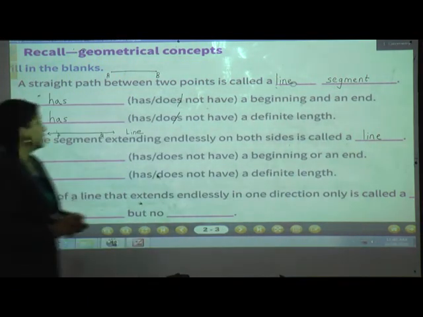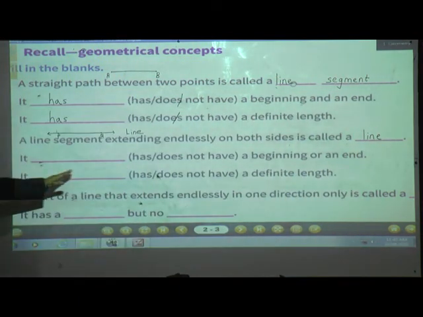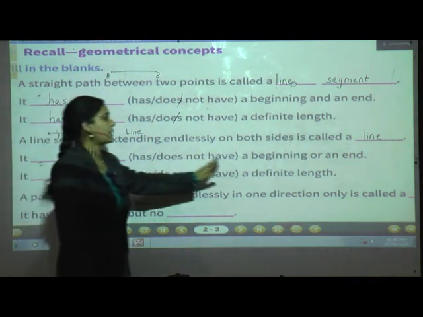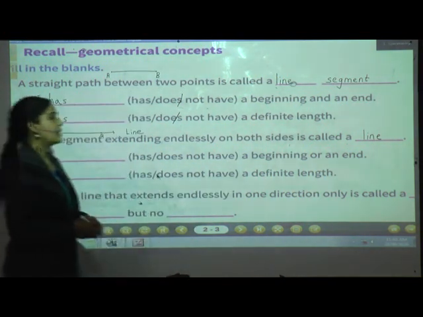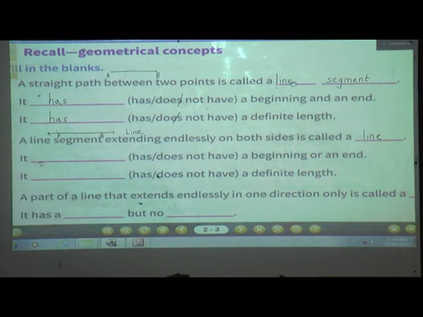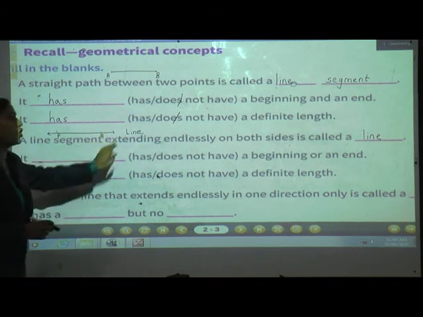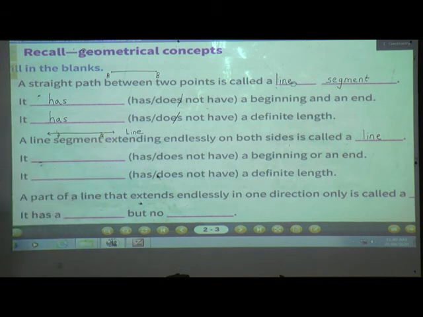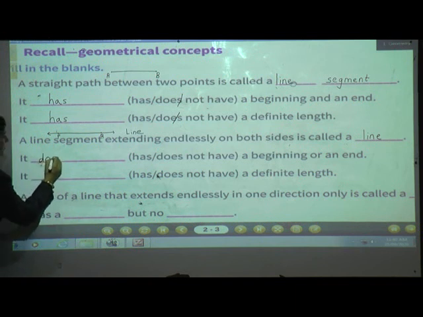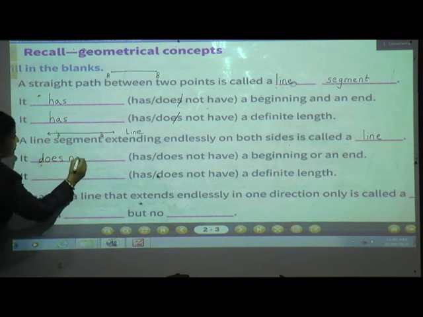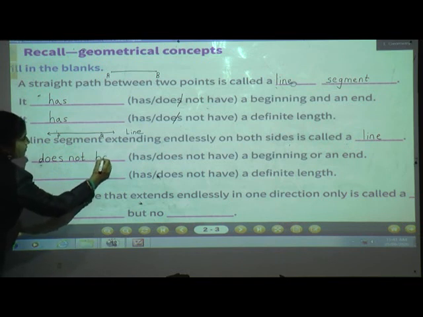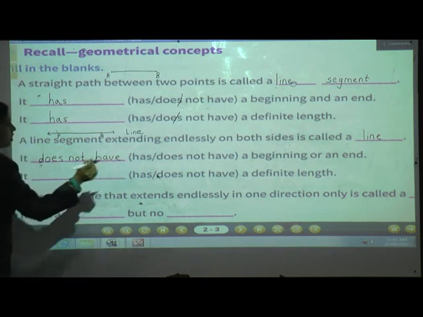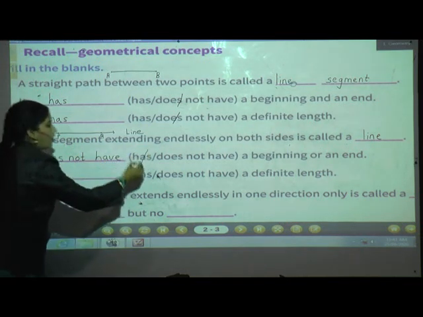Now next one, it dash has or does not have a beginning or end point. So what is the answer? It has no beginning point and no end point. It does not have a beginning or an end point.